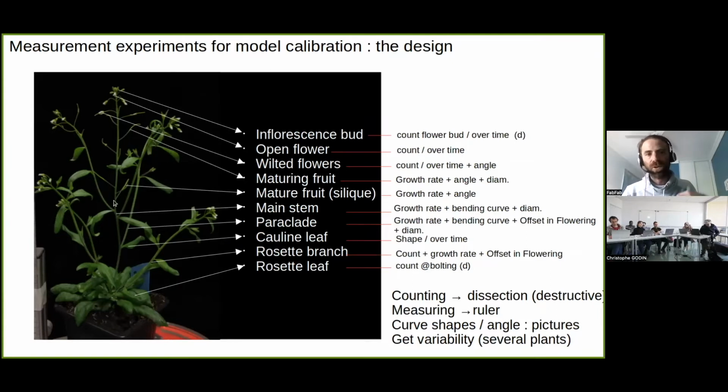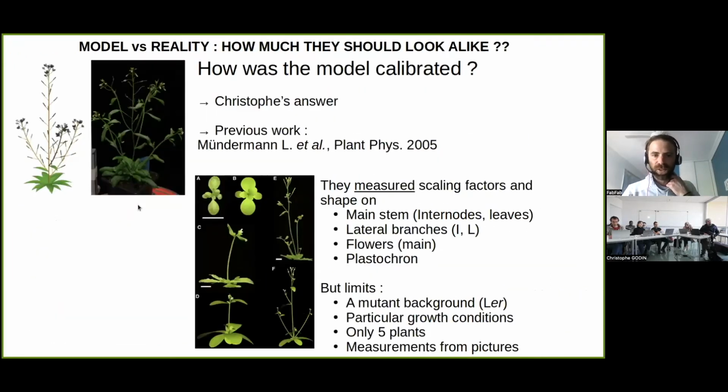They never go beyond a certain stage where branches are emerging. You can see the branches here are quite small, and I think they stop at this stage. My plant, for example, that I'm showing you is a bit older than this. So the idea of the calibration of the model would be to be complementary to this one and to go to stages beyond and focus especially on the inflorescence, because in the ROWING project we are not that interested in the early parts like the rosette, and much more in the development of the inflorescence.